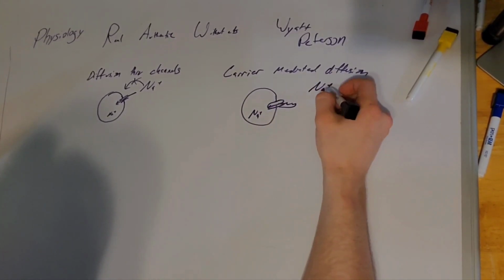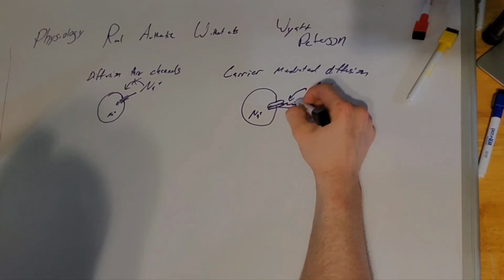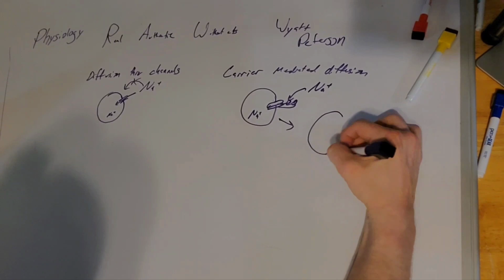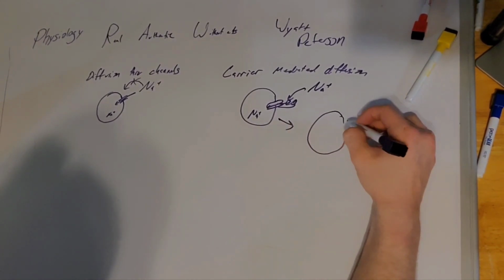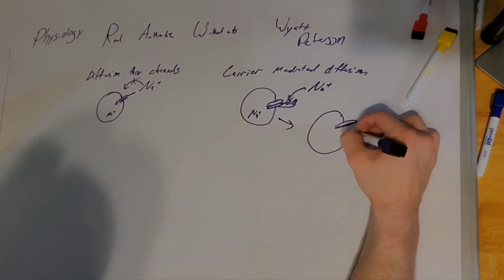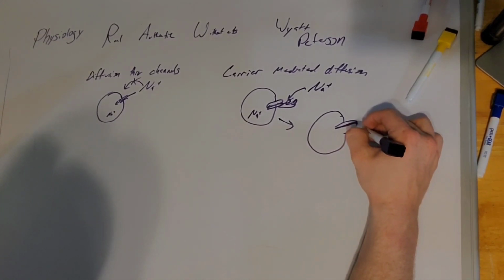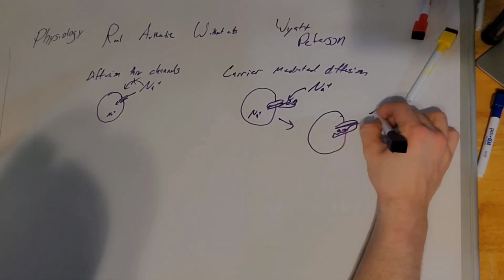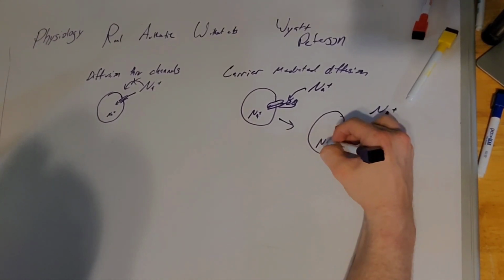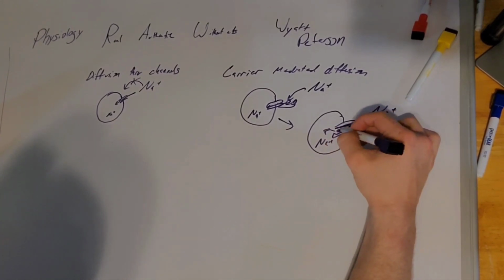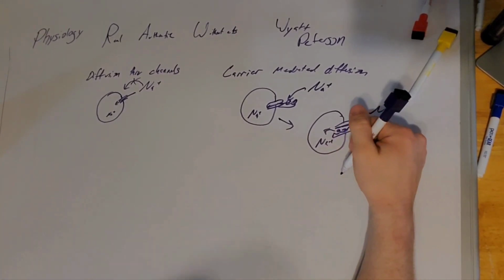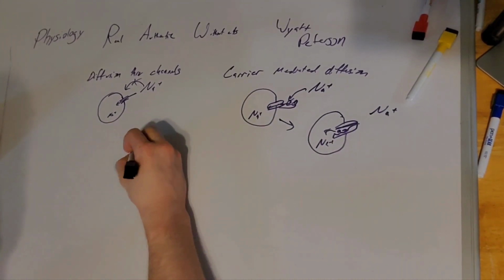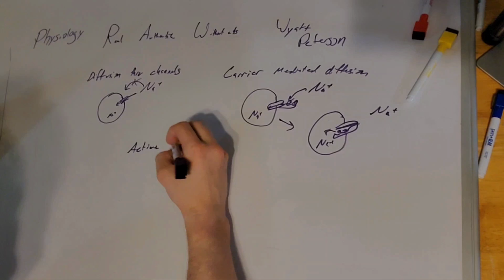So Na wants to go in, so it's going to bind to these little pockets right here. And since it's bound, it's going to make a conformational change in the protein. So now the protein might flip. So it's going to take those sodiums, put them on the inside of the cell, and so now they're able to disassociate and go into the cell that way. That's carrier mediated diffusion. And then there's the active transporters.